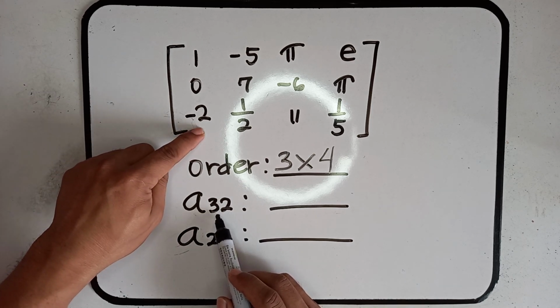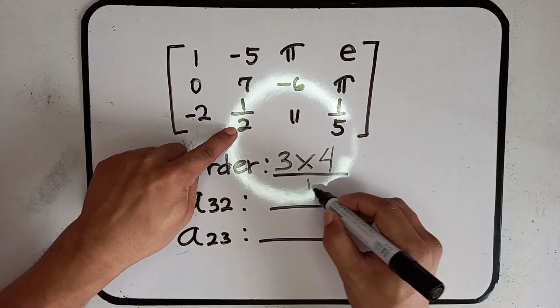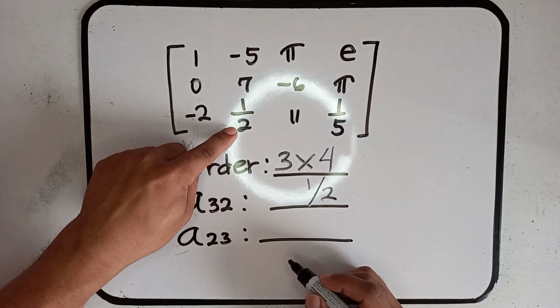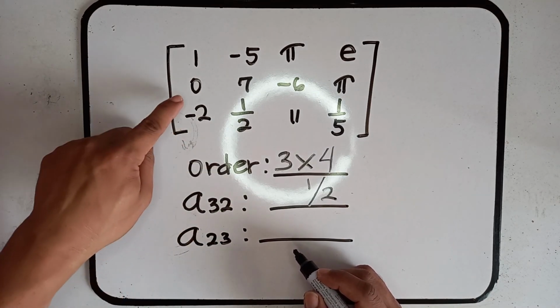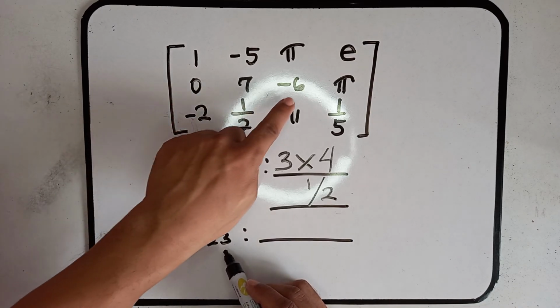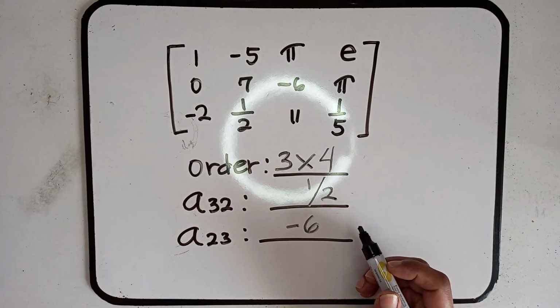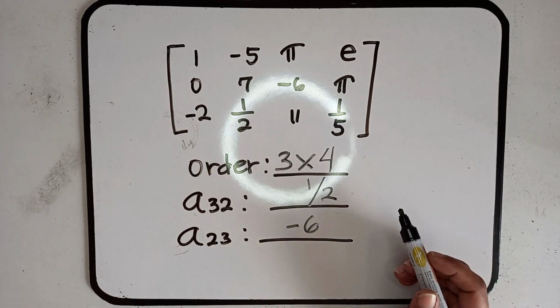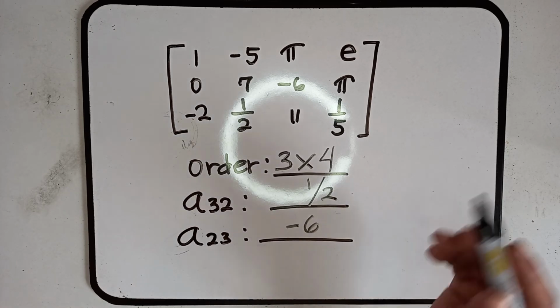So this is our row 3, column 2. Okay, so we have 1/2. And then this is our row 2, and then column 3. So we have -6. So that's it. So that's how you identify the elements and the order of your matrix. Okay, see you in the next lectures.